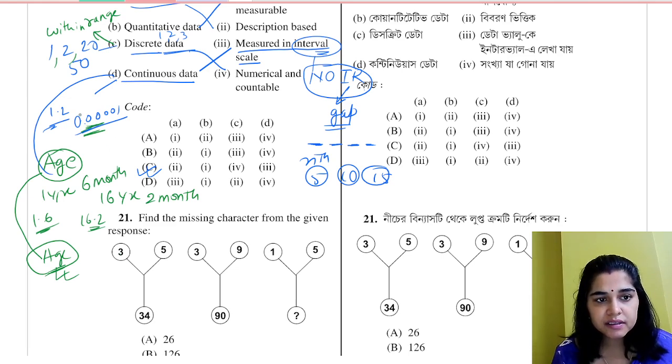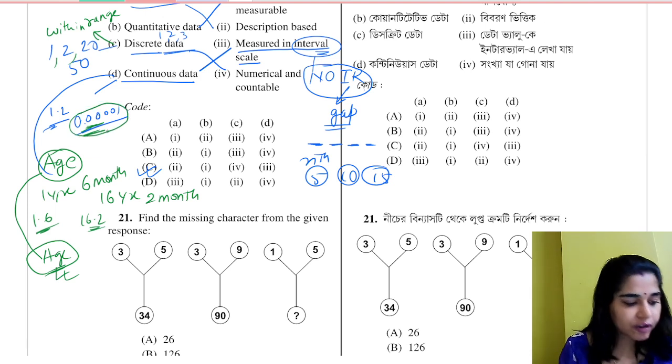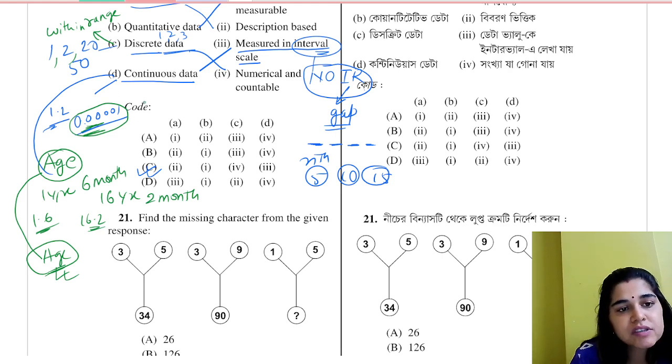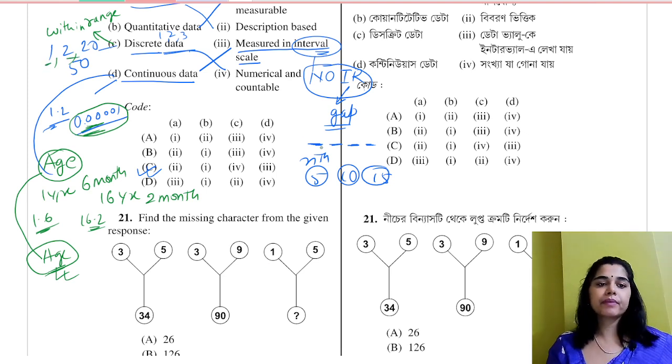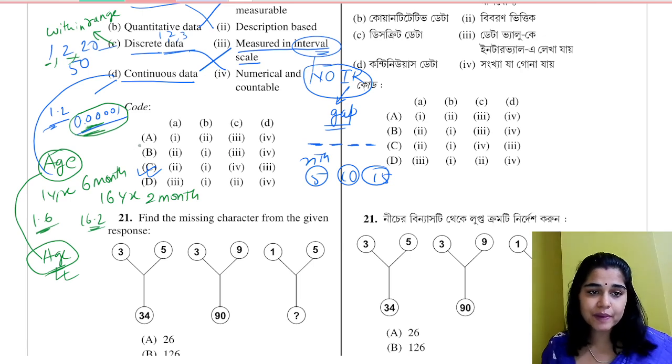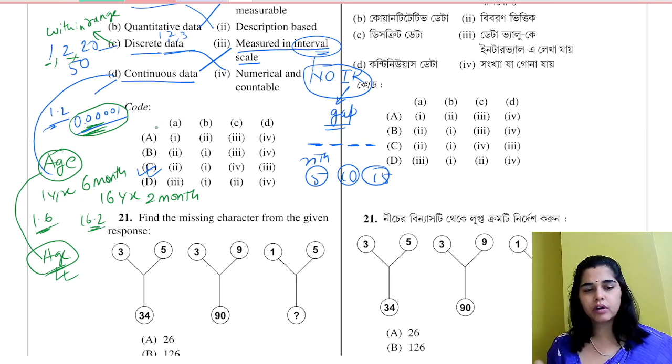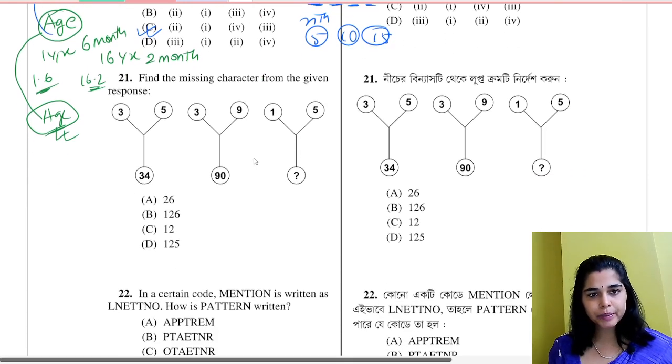Because look, it's difficult to count. They are not within the range, and they are specific values, and the others are not specific. Here we can specifically say 1, 2, 20, 50. But here we cannot say specifically 1.1, 0.2, 1.2. Like this. I hope you have understood. তোমরা বুঝতে পারছো, I hope.